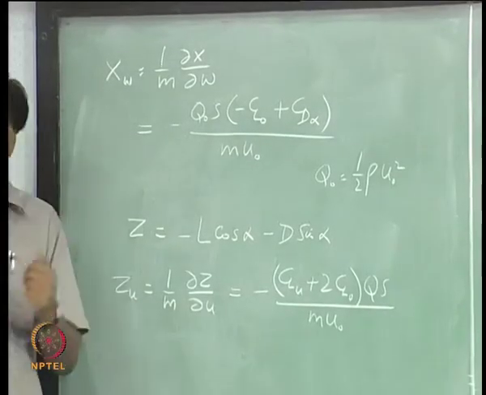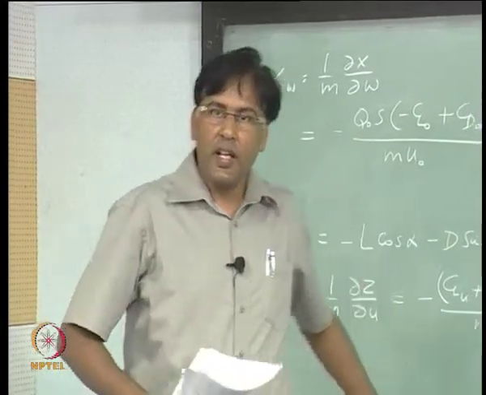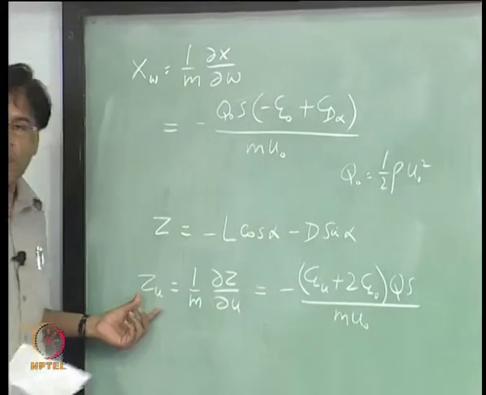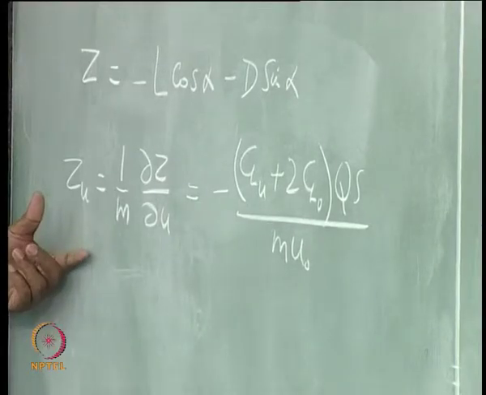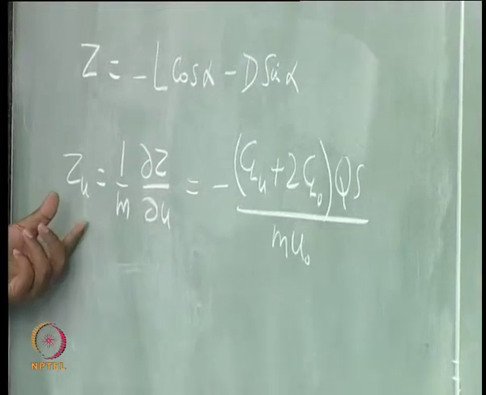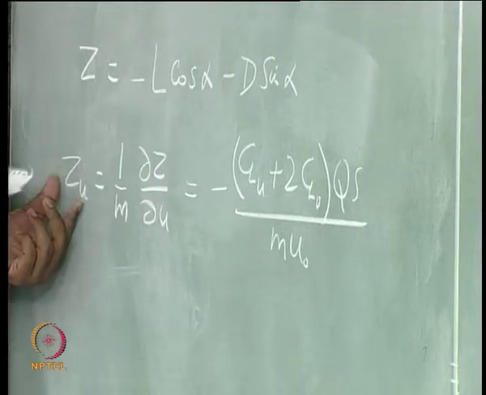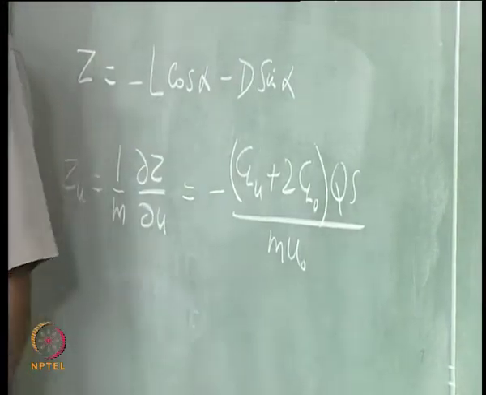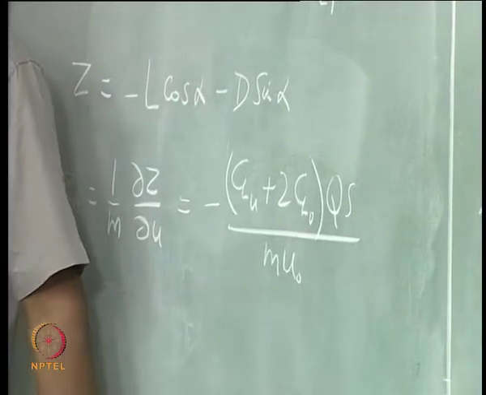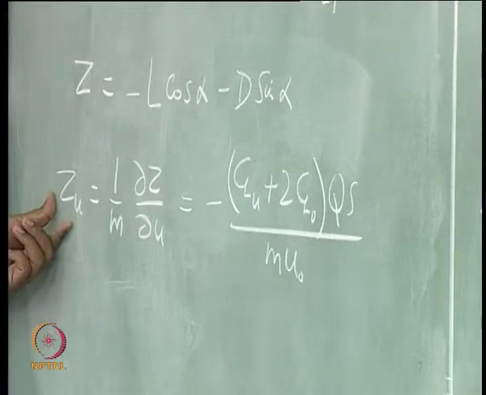No, I already wrote force equations in two different axis systems, if you remember. Now, you will think why I am doing this. If I had just written my force equations in the wind fixed axis system, I would not have really bothered about the derivative of z with respect to u. I would have only talked about CL and CD, isn't it, because there we do not see this notation.